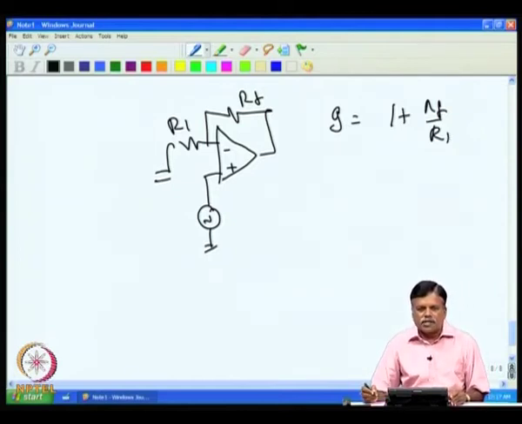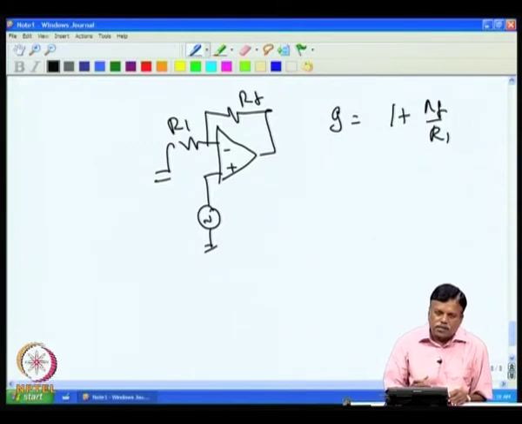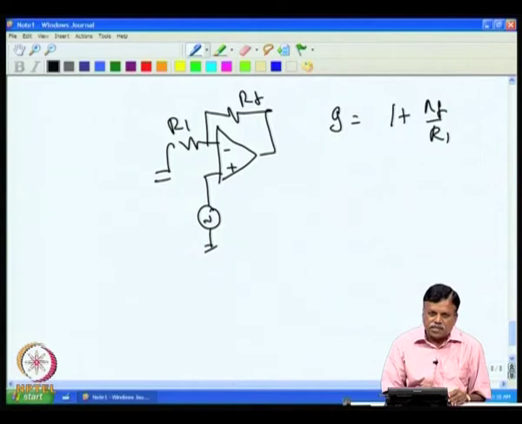Now, what effect does the finite gain have? The original operational amplifier that we had looked at had an infinite gain and an infinite frequency response. That was the assumption that we made and then derived this relationship.